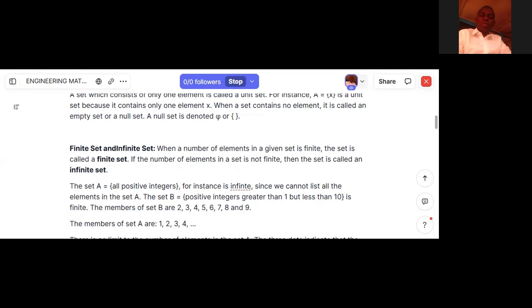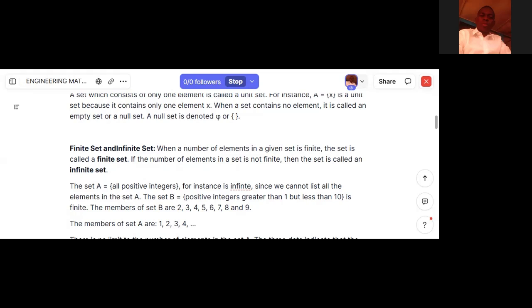But if the number of elements in a particular set is not finite, we call that infinite. It means that this number cannot be exhausted. We cannot exhaust the number of elements in that particular set.